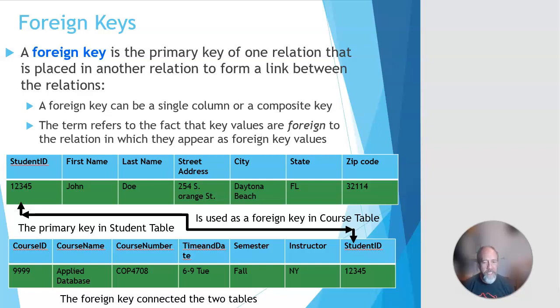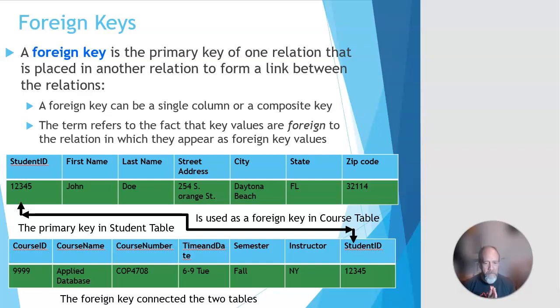Really, we want a student to be an entity, a course to be an entity, and a course enrollment to be a third entity. Listen to what I just said. And in that third entity, we should identify the course a student's enrolled in and the student that's enrolled in it.